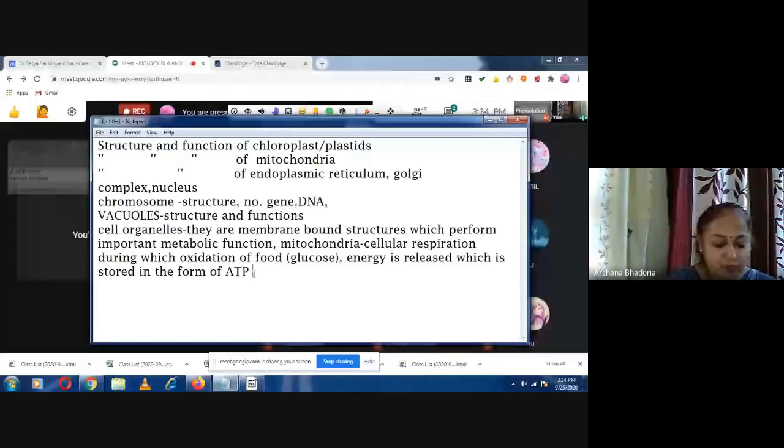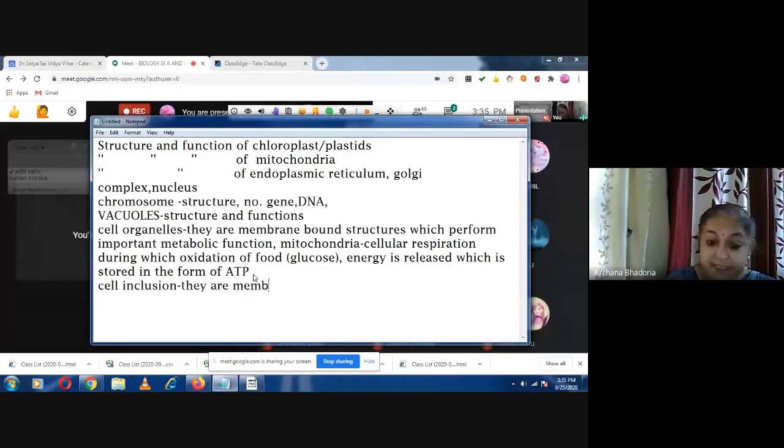Now we'll take up the cell inclusion. So what is cell inclusion? Remember children, cell inclusions are those structures that are also membrane bound, but all of these will be single membrane.